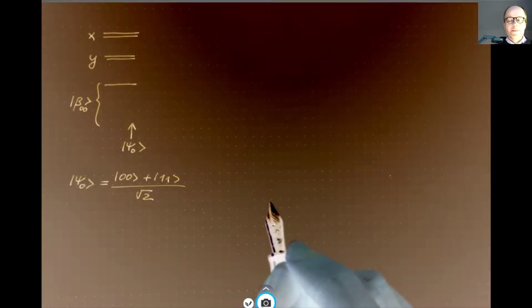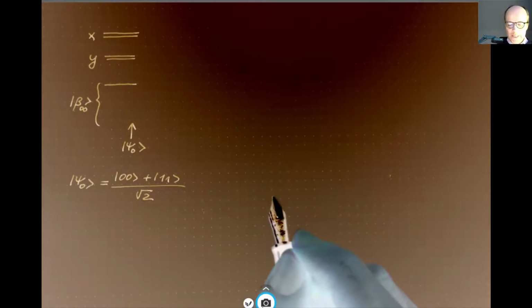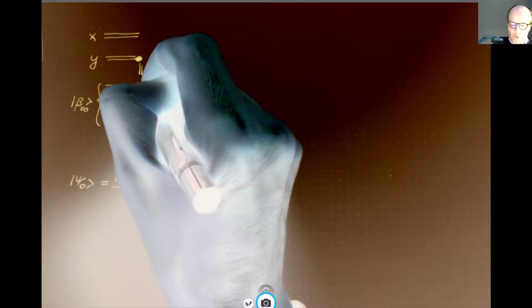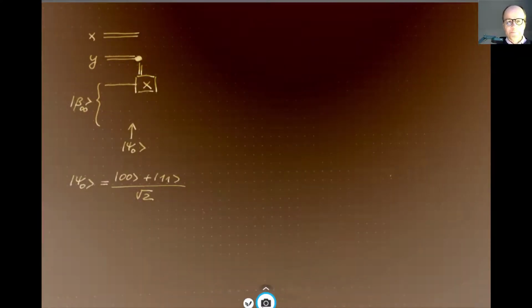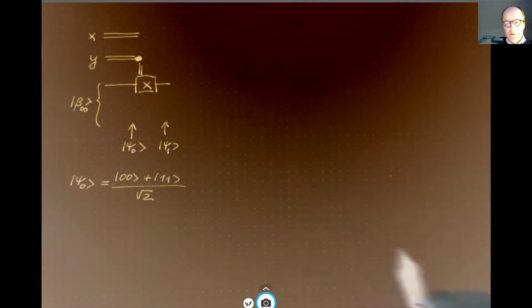Now, what does Alice do next? Alice uses the second of her classical bits, so this Y, to control a Pauli X. And after this first controlled operation, we have a state psi 1.